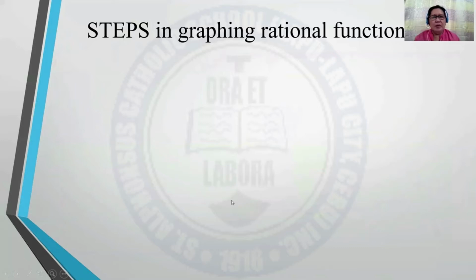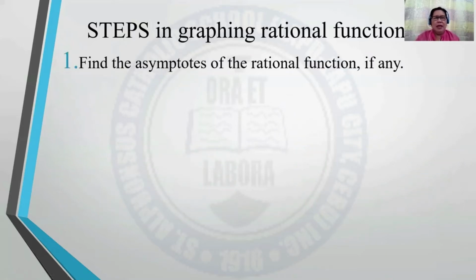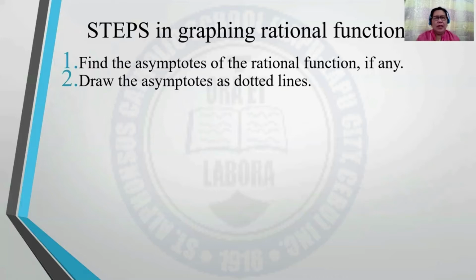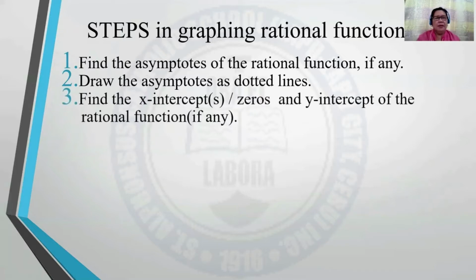Here are the steps in graphing rational functions. Find the asymptotes of the rational function if there is any. Draw the asymptotes as dotted lines or broken lines. Find the x-intercept or intercepts, the zero or zeros, the y-intercept of the rational function, if possible.